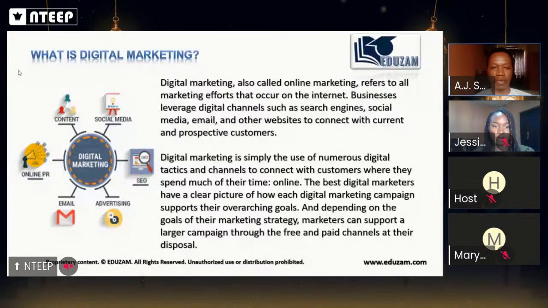It's important to understand that it is all the effort, just like all the effort in the traditional way of marketing. In this case, all the effort, all the techniques a business or an individual puts in to leverage digital channels in order to promote your business digitally. So, in a nutshell, this refers to all the marketing effort that occurs on the internet or on digital channels.